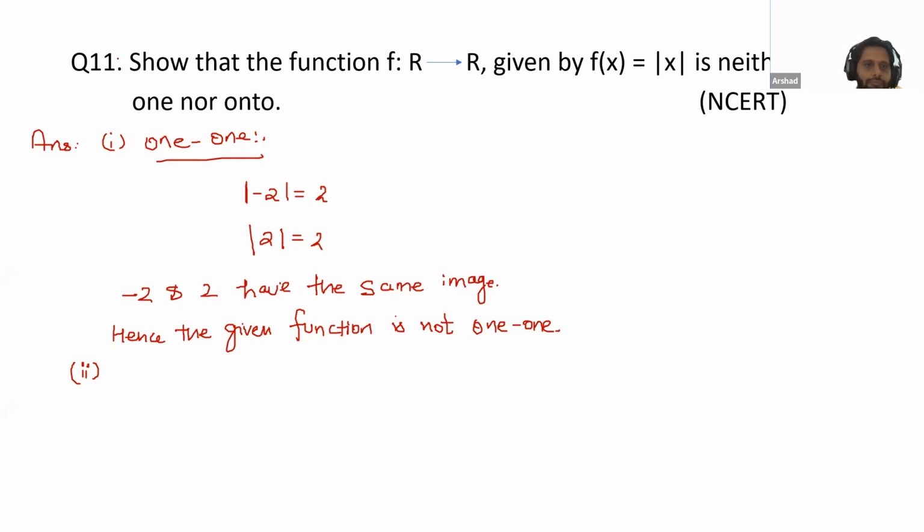Abdul, okay, so Abdul, the first part is clear.